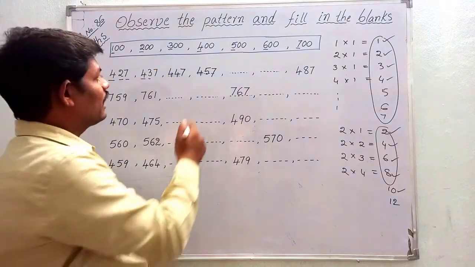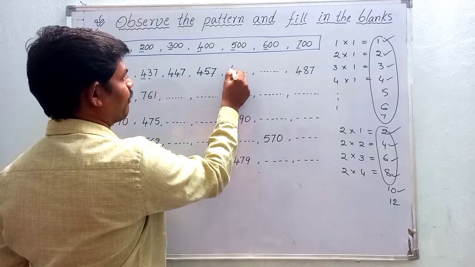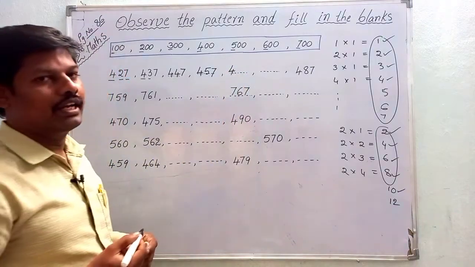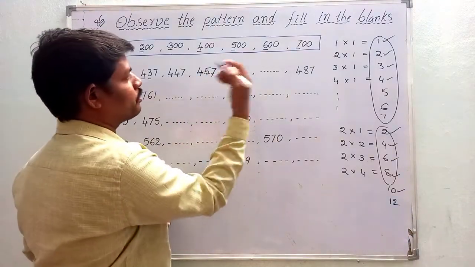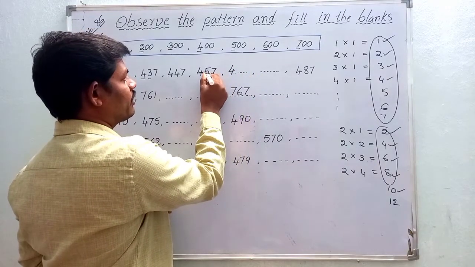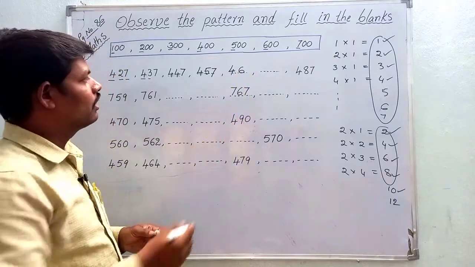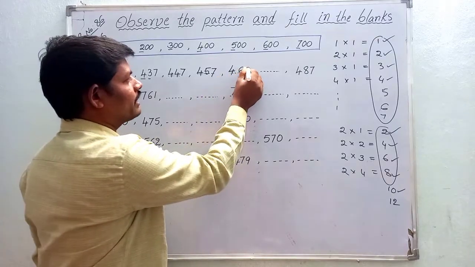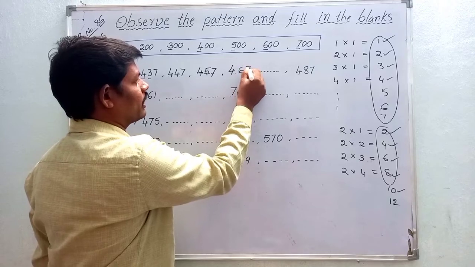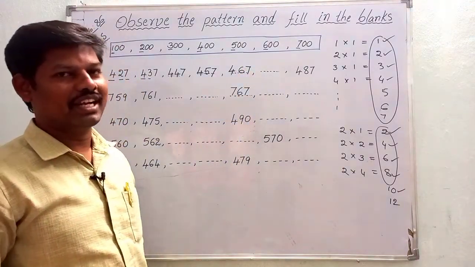457. Like that. Next one, hundreds place is same, 4. Tens place we have to increase 1 digit. That means 5 after here 5 is there, here we will get 6, and ones place you will get 7 only, because ones place is same. Understand?